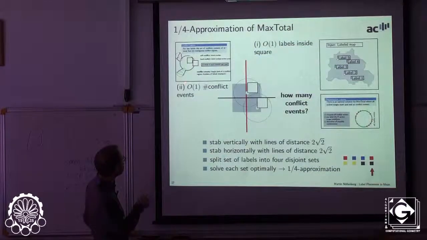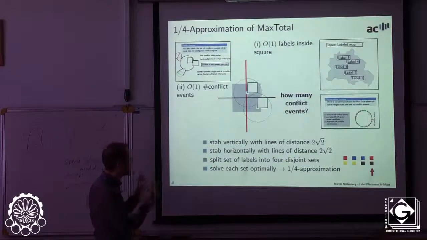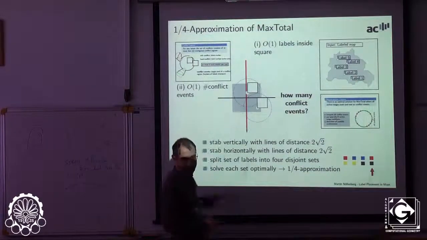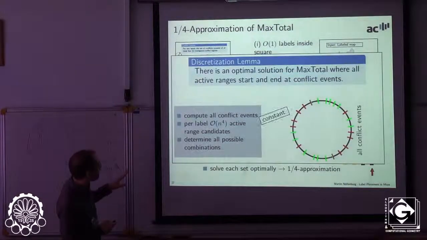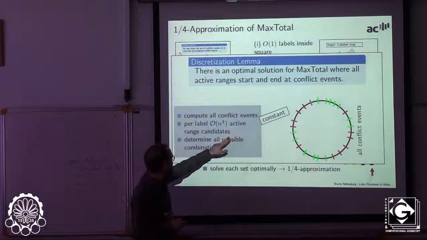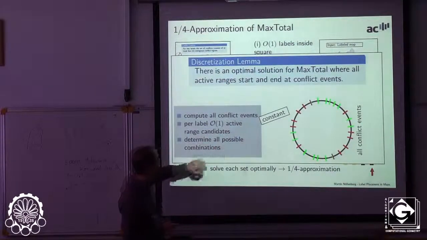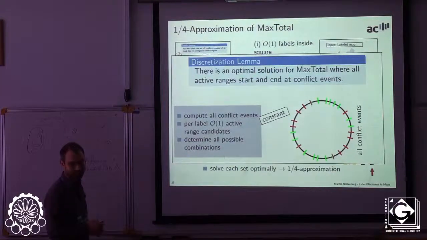So this gives us a constant number of conflict events that we need to consider. This means that even by brute force we can solve one of those instances optimally. Here, let's zoom in. The number of conflict events is constant, for each label the number of range candidates is constant, and we can just go over all possible combinations for this tiny instance.